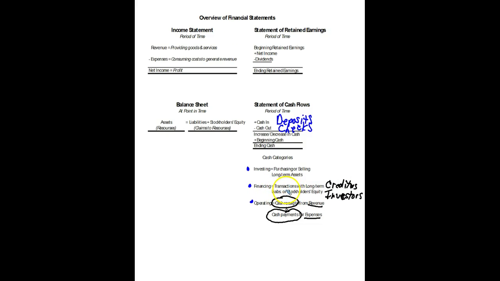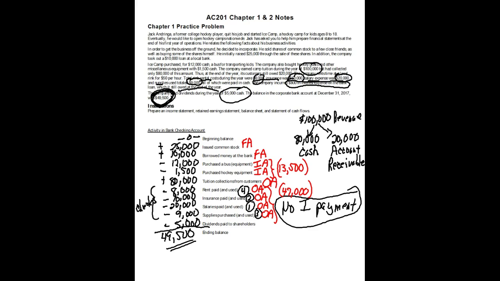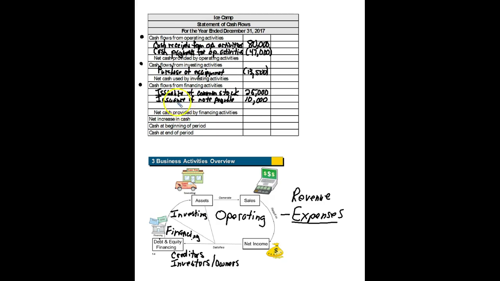So dividends are distribution of profits to the owner investors. So that makes it a financing activity. So here's the last one. It's a financing activity for $5,000. So we're going to report that right there. Okay, so I have dividends paid, $5,000 negative. So we have our three categories: operating, investing, and financing.